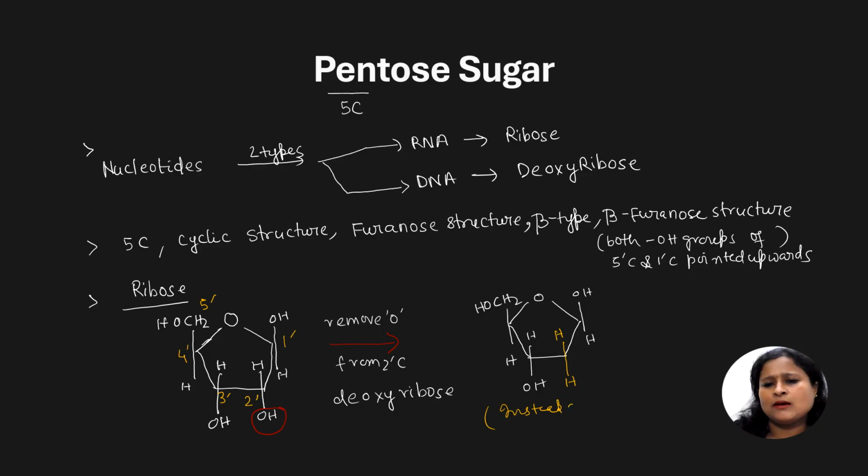So this is deoxyribose, which is the foundational pentose sugar for DNA, and ribose for RNA. I hope this is clear.